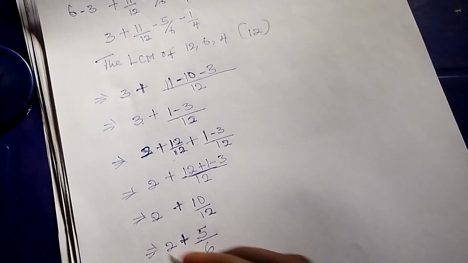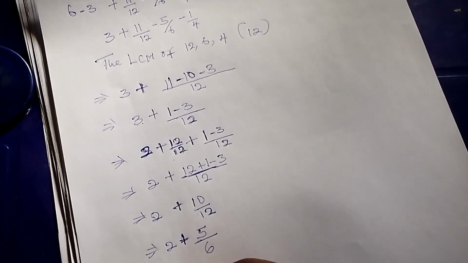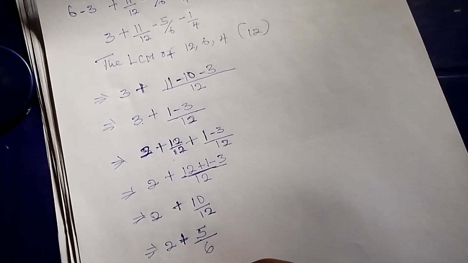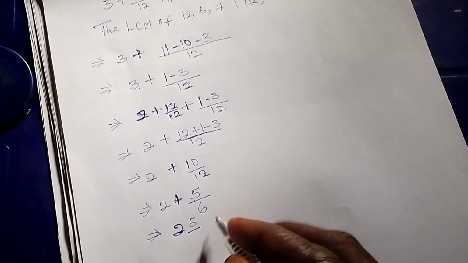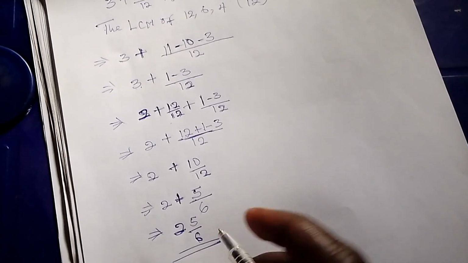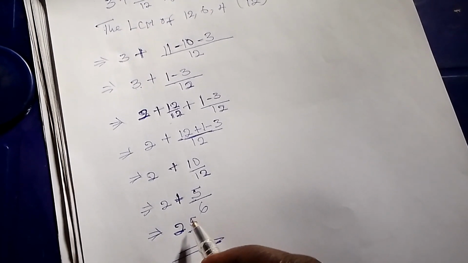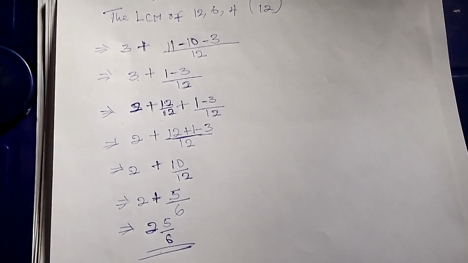So this one now can be written as 2 whole number 5 all over 6. So this is the answer for example number 1. So that is the solution for example number 1.